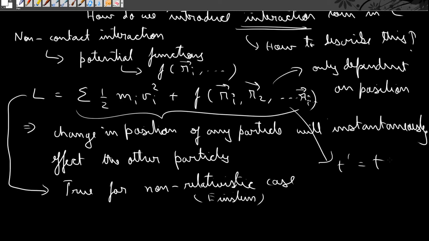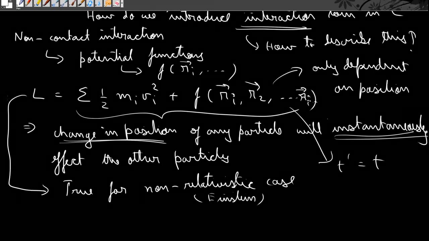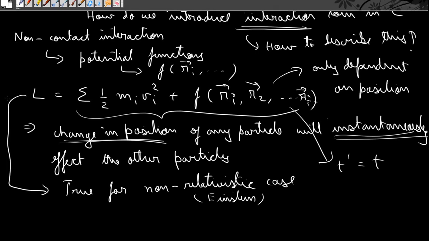And therefore, by assuming that it depends only on position, it means that change in position implies that the effect of this will be seen instantaneously by all the other particles. There is no delay in other particles experiencing the change in position of any other particle. Okay, and therefore this Lagrangian is valid only for the non-relativistic case, and by relativistic I mean Einstein's relativity theory. Okay, so that's cleared up.